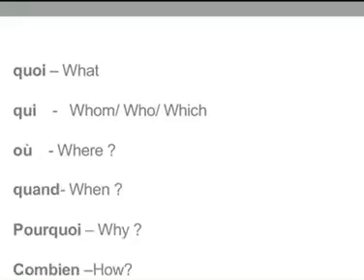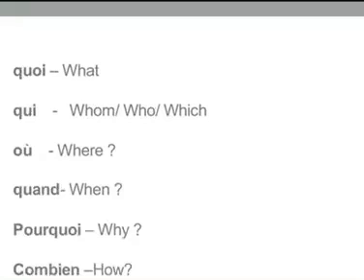Then we have other terms. Quoi, which means what. Qui, which means who, whom, and which. Then we have où, which means where. Quand, which means when. Pourquoi, which means why. Comment, which means how. I'll repeat.